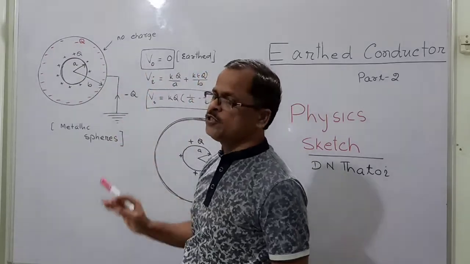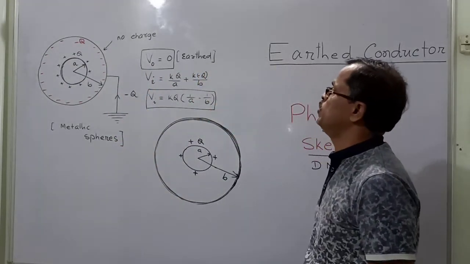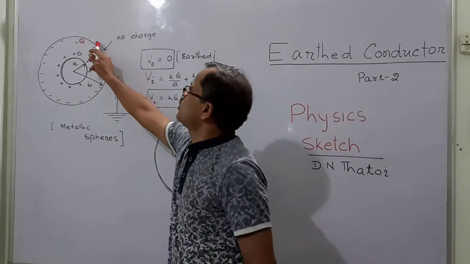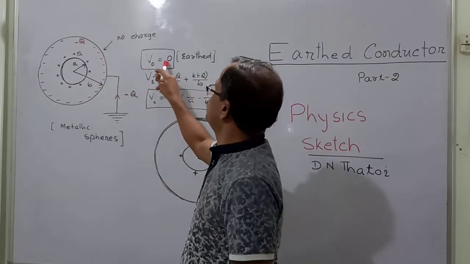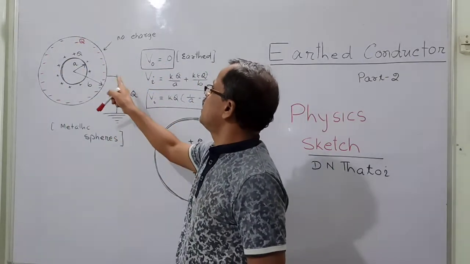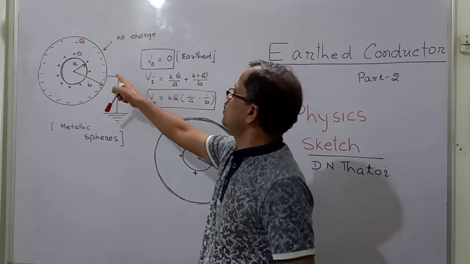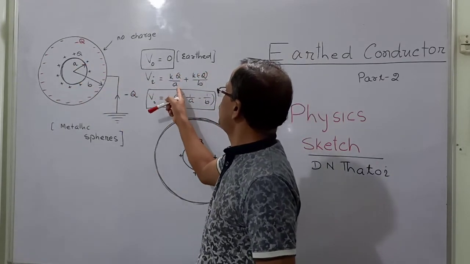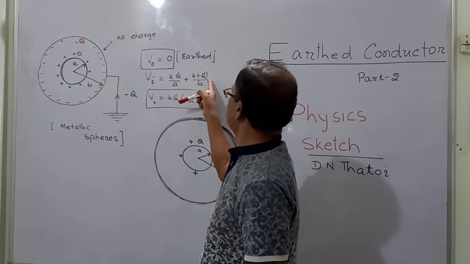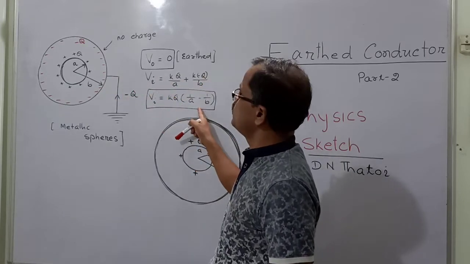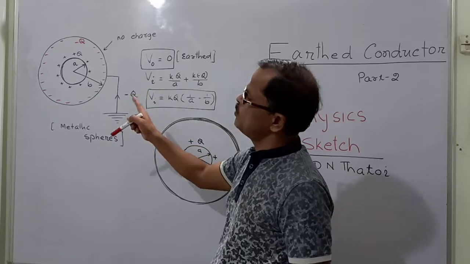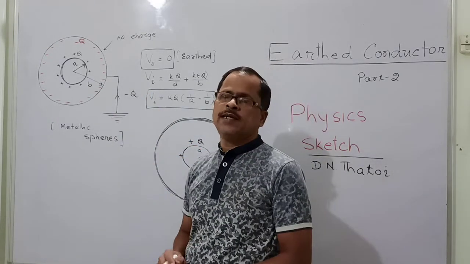That we already discussed in the previous video. As a result, the potential of the outer sphere was 0 because it is earthed. The potential of the inner sphere we calculated is kq by a plus kq minus q by b. This is what we already discussed in video 1.